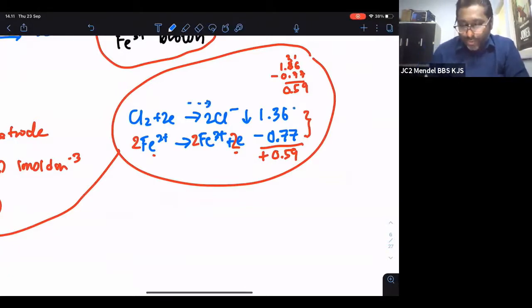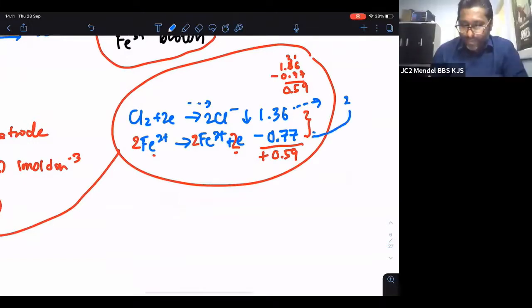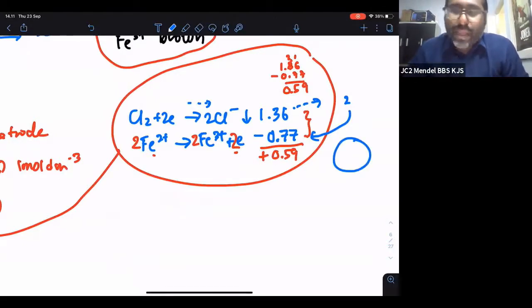So I am going to expect this value from 1.36 to become maybe 2.0. So when you have 2.0 and you minus with this value, the value is going to be greater than 0.59.